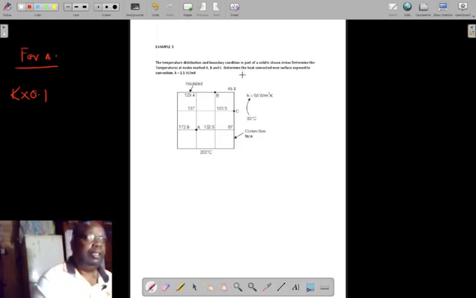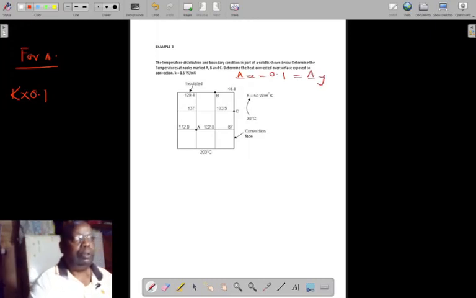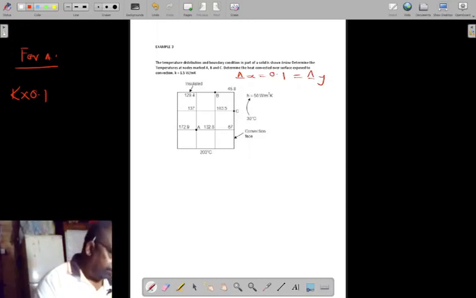We were told that delta x is equal to 0.1, which is also equal to delta y.